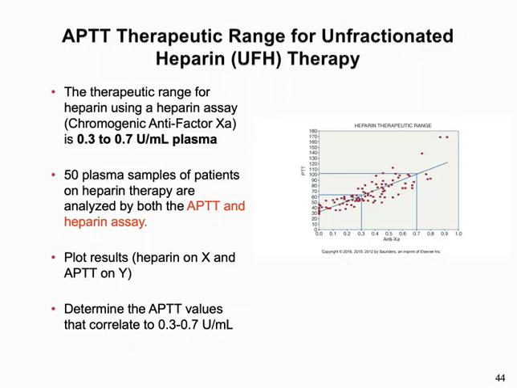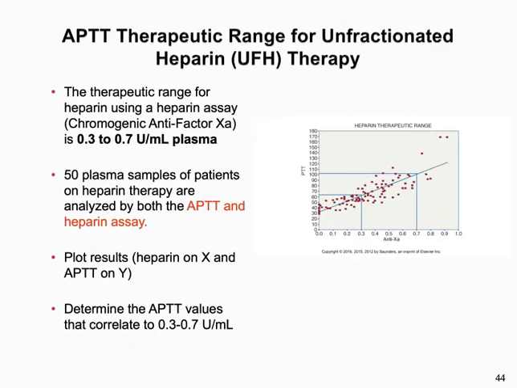And also when the patient is on heparin, we make sure that the platelets are checked every day, right, to avoid HIT. But the way that we set this therapeutic range is we take 50 plasma samples of patients on heparin therapy, and we analyze those samples by both the APTT and also the heparin assay.